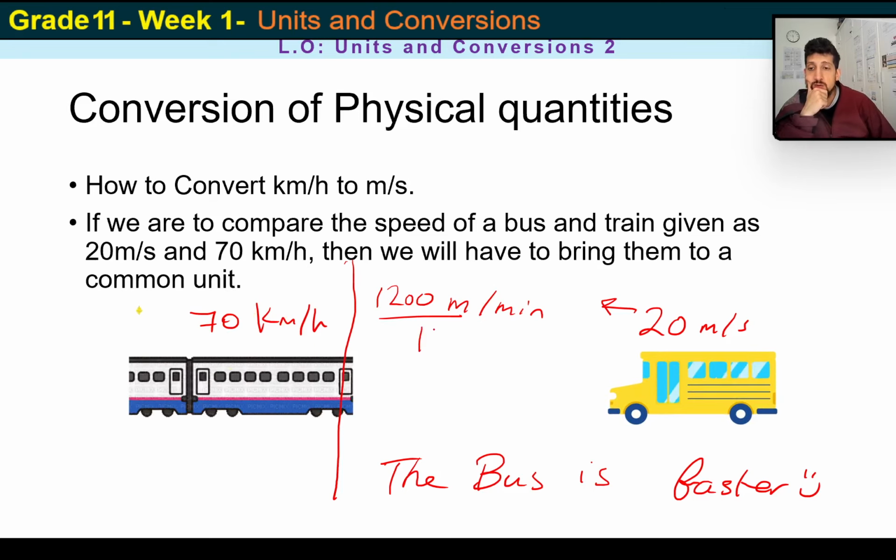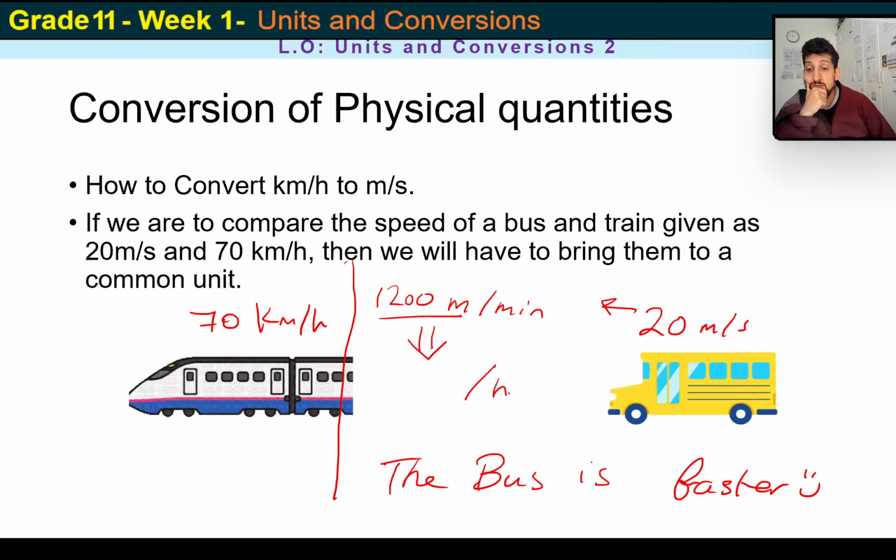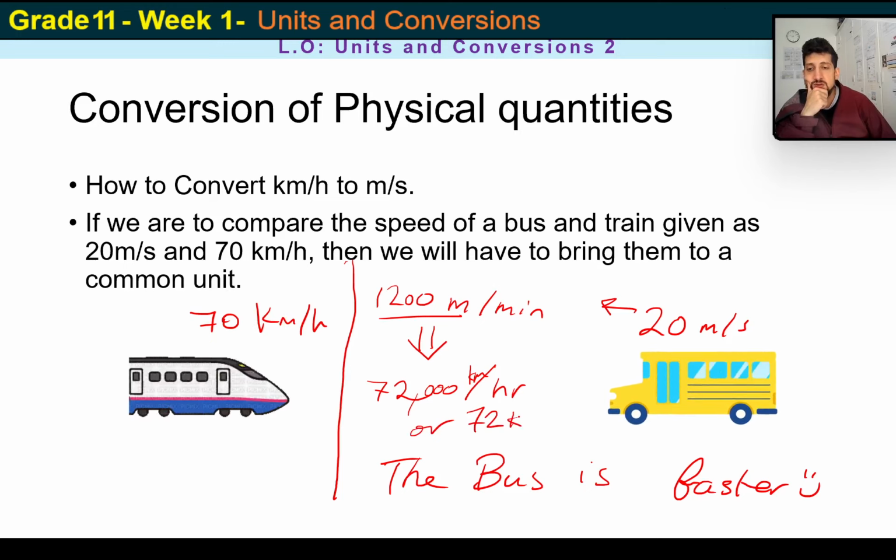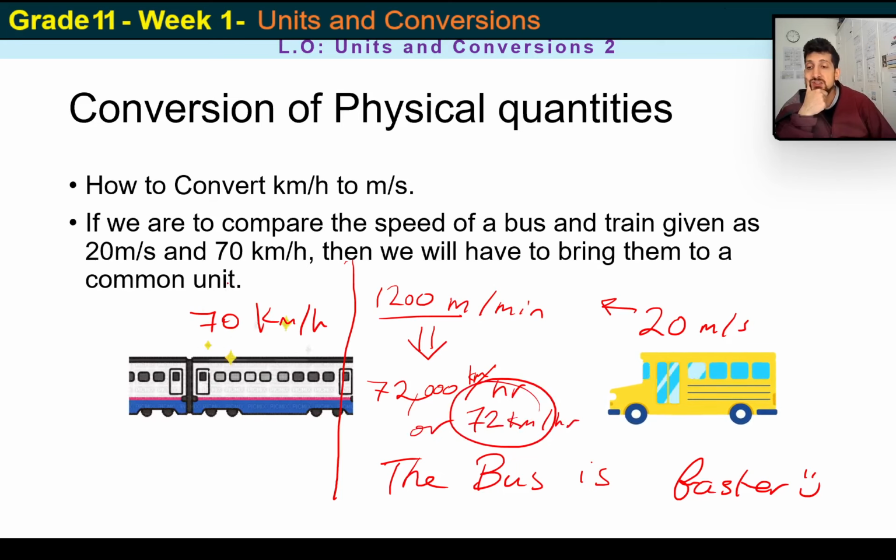And then I want to go from 1,200 meters per minute to per hour. So I'll multiply by 60 again. And that gives me 72,000 meters per hour, or 72 kilometers per hour. And as you can see, once again, the bus is faster than the train.